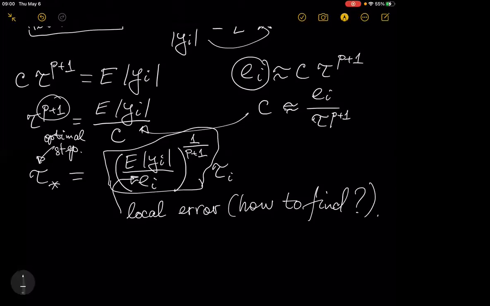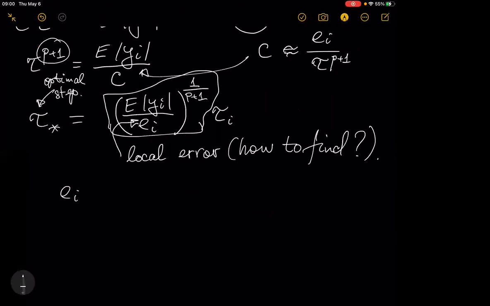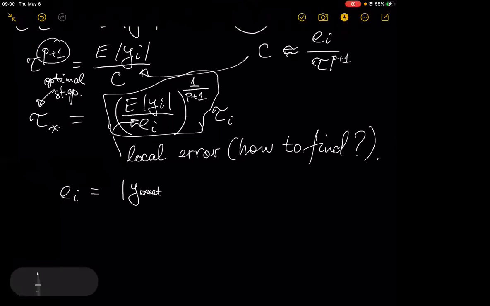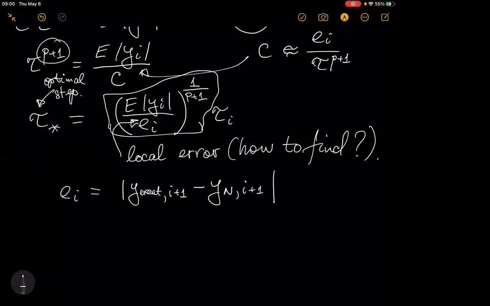So, okay, the local error, of course, is defined as the magnitude of, let's say, the exact solution at the point t plus tau, or you can say i plus 1, at the next step, minus the numerical solution at the next step. So, of course, you don't know this.